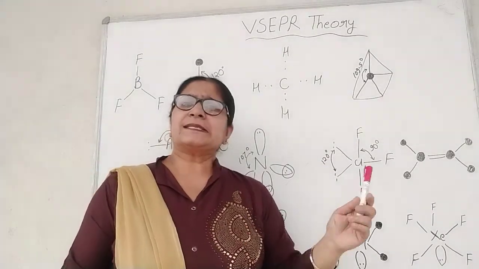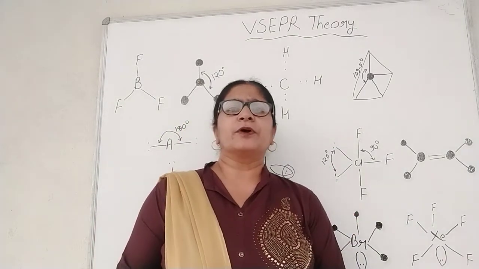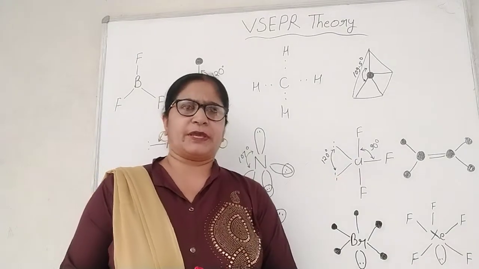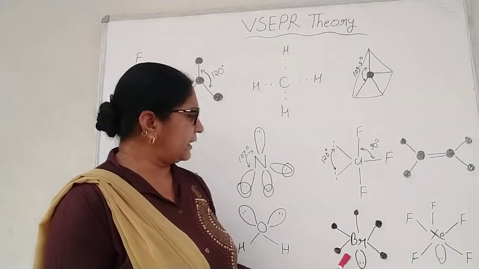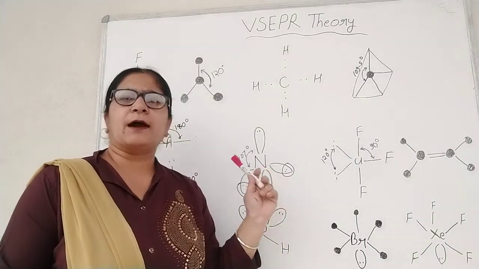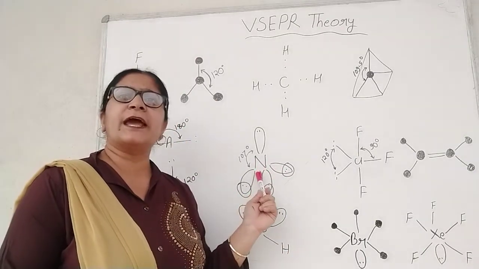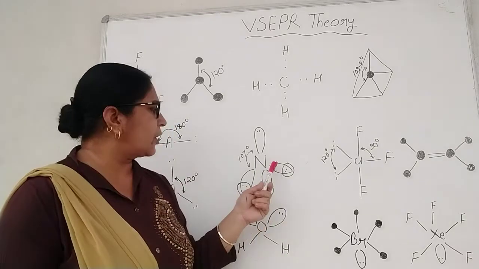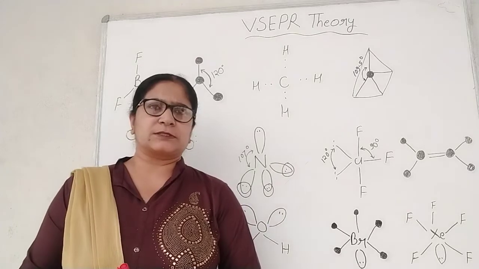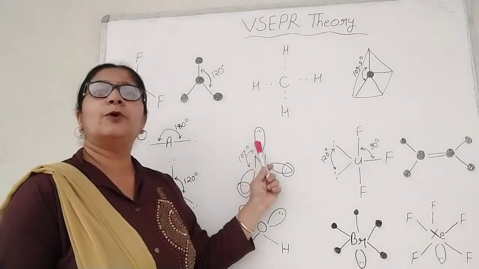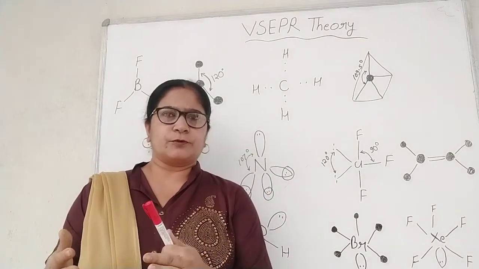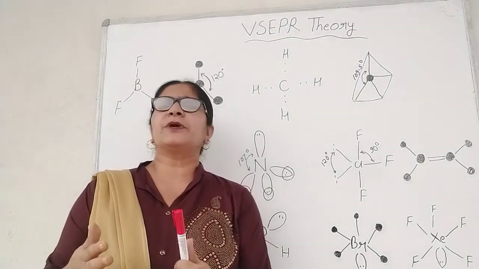Now, let's analyze the shapes of some molecules with reference to their valence electron pairs. In ammonia, the central nitrogen atom has three bond pairs of electrons and one lone pair of electrons.